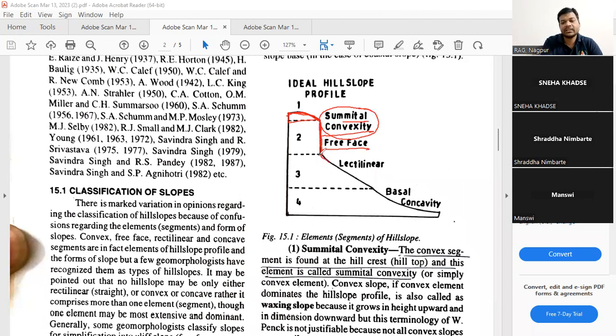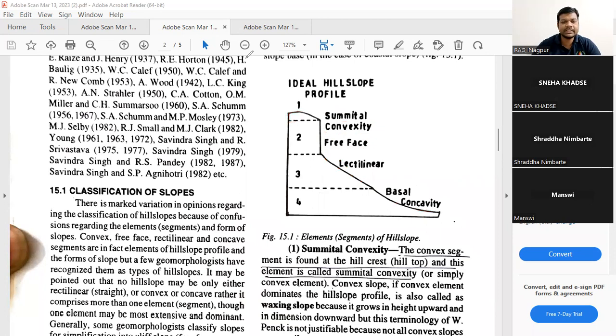Then the actual slope comes, which is rectilinear, and then it becomes concave at the base, which is called basal concavity.